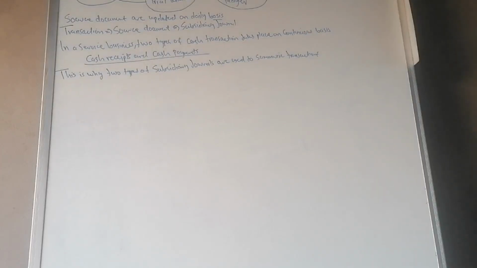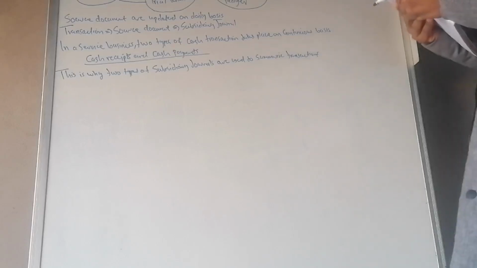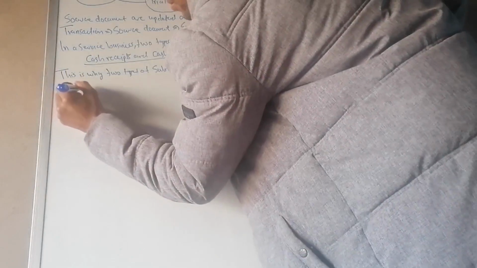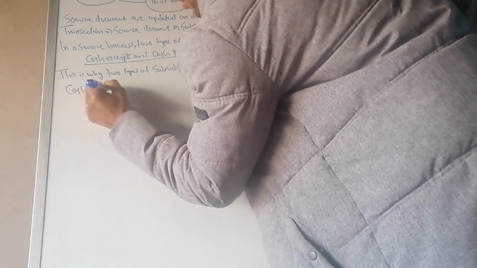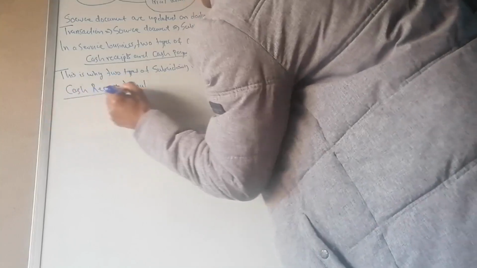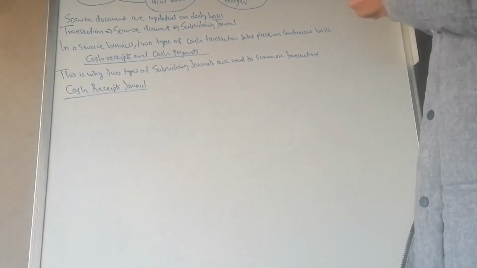Because there are two types of cash transactions, there are two types of subsidiary journal. We can differentiate between the two: we can look at the cash receipt journal and the cash payment journal.